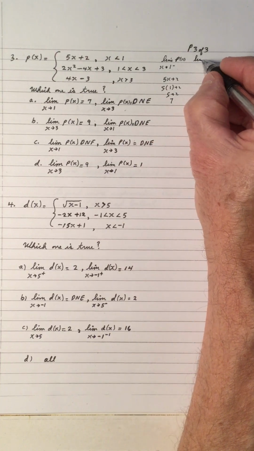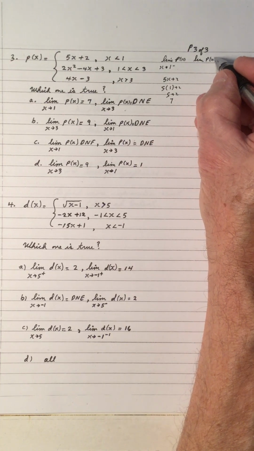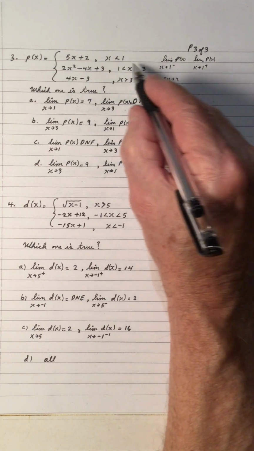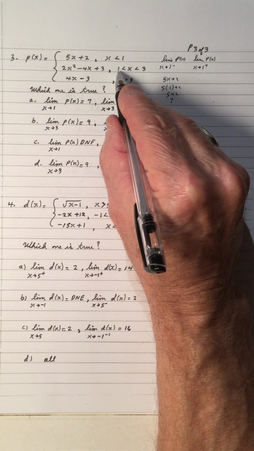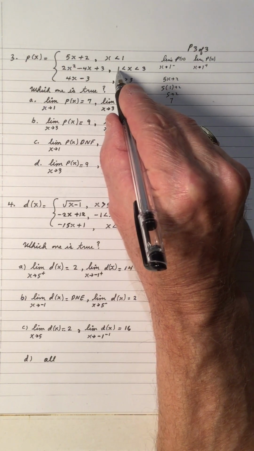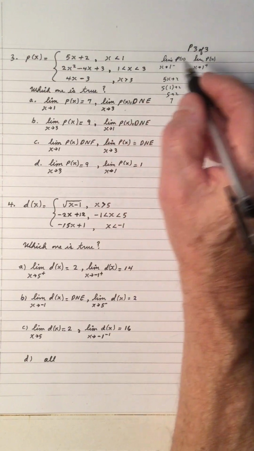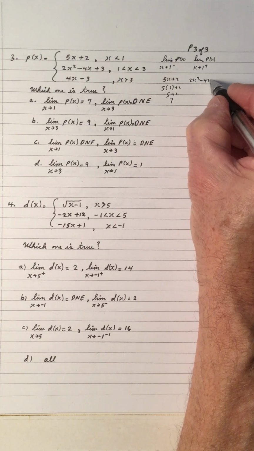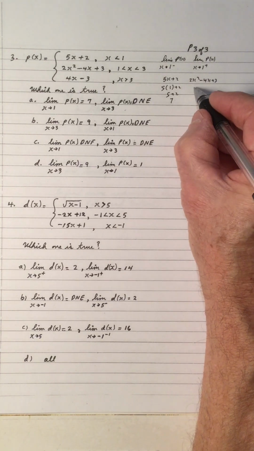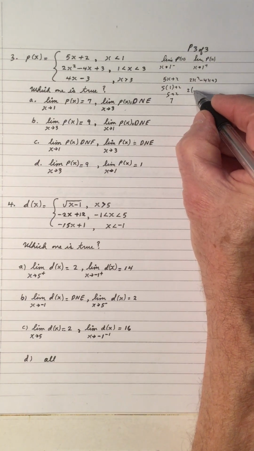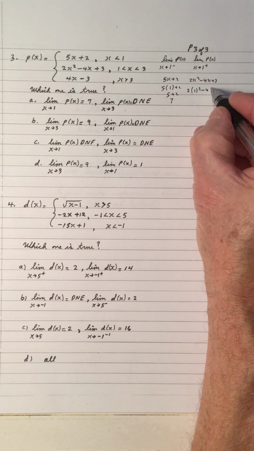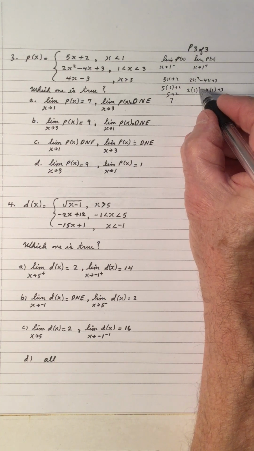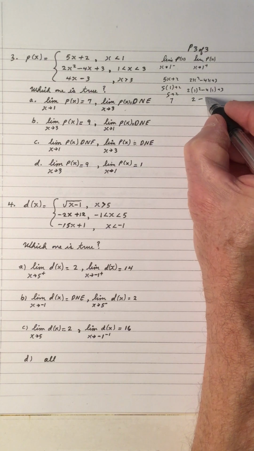And the limit of p of x as it approaches 1 on the positive side. Greater than 1 is between 1 and 3, so we have 2x squared minus 4x plus 3 approaching 1. So we put a 1 in. 1 squared is 1 times 2 is 2.